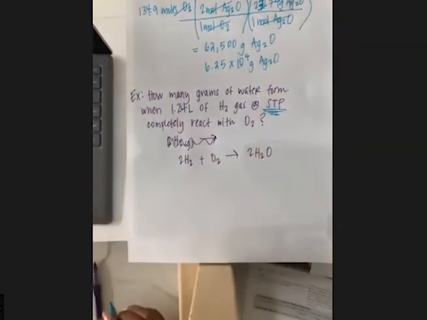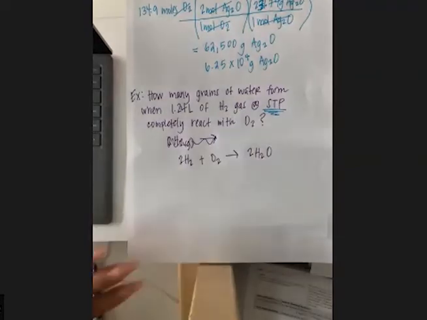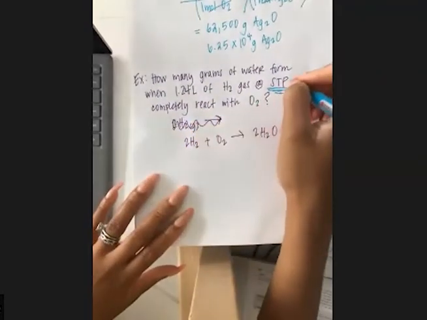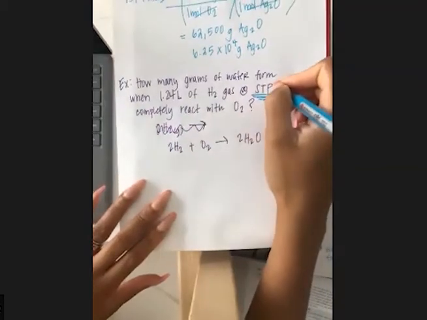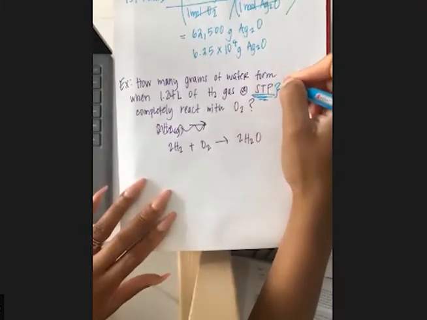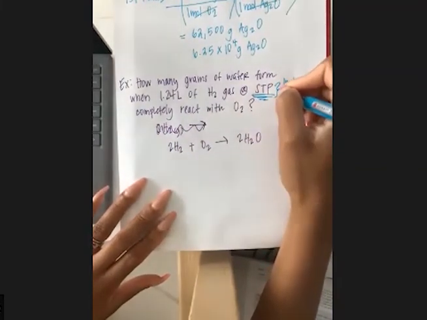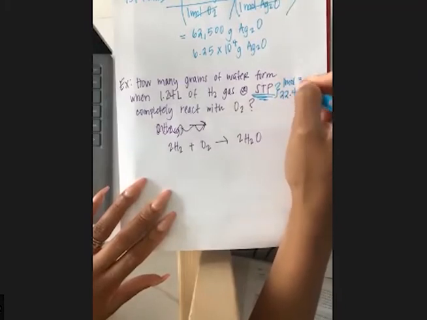My main point is that we are at STP. If we are at STP, we can assume that the volume of 1 mole of any gas is equal to 22.4 liters. 1 mole equals 22.4 liters.